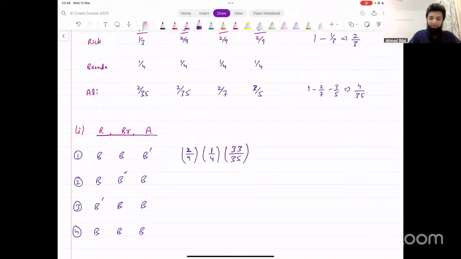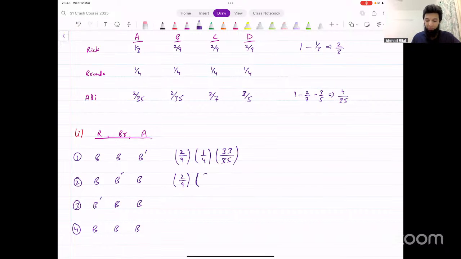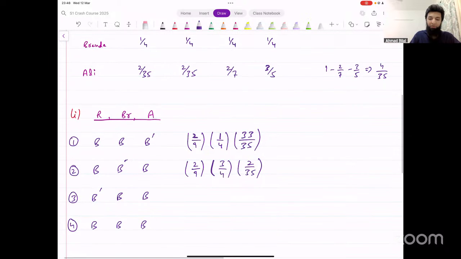Then the second case is Rick chooses entrance B, that is 2/9. Brenda does not choose entrance B. Probability of choosing B is 1 out of 4. Not choosing B, what would that be? 3 out of 4. And then Ali chooses entrance B. That's 2 out of 35. That's the second possible case. Again, there's an and between these three events. Rick chooses B, and Brenda does not choose B, and Ali chooses B. Okay, there's an and between them, so we are multiplying them.